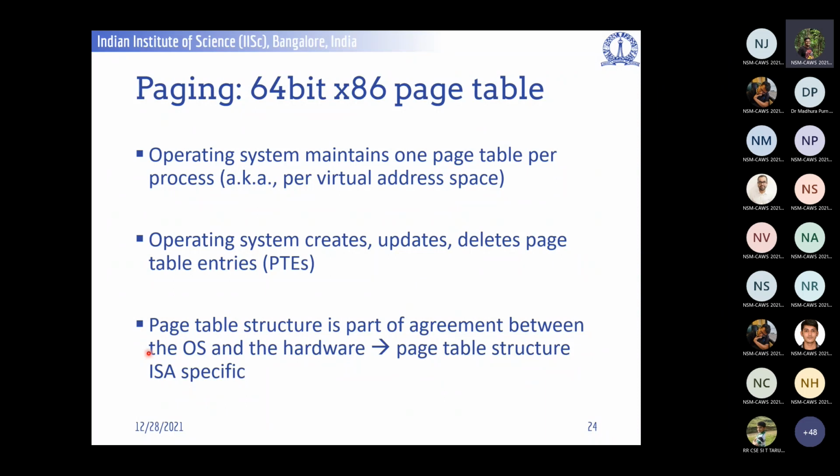The trade-off is that you're trying to save memory for the page table, but at the same time, when you are trying to do translation, as we talked about, you have to start from the root and go to the leaf before you can get the physical page frame number, which is necessary for translation. So instead of one lookup to a flat page table, you now require a number of accesses equal to the number of levels in the page table, which is 4 in this case.